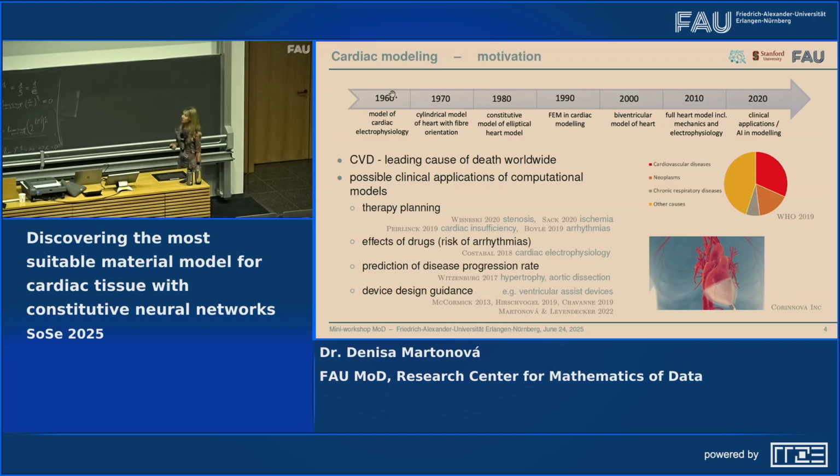The latest computational models use AI, and as you can see here, it started about 2020, whereas the first models go back to the 50s, and they were very simple models. It developed a lot, such that now we have quite advanced full heart models.